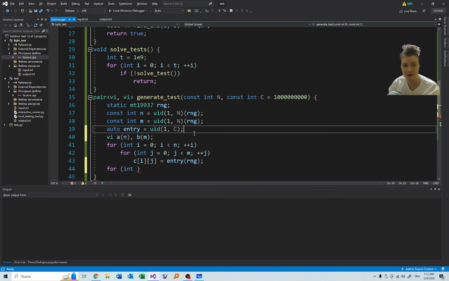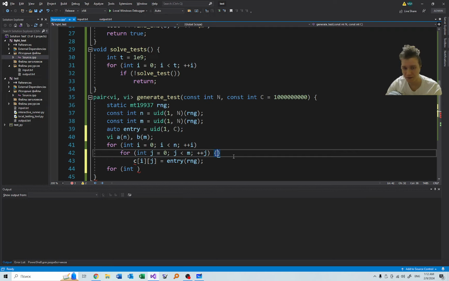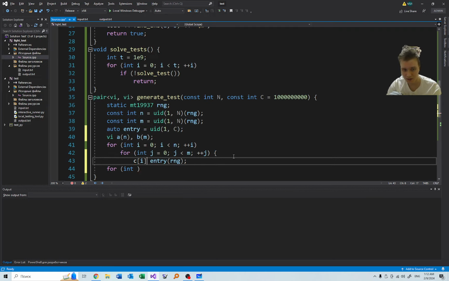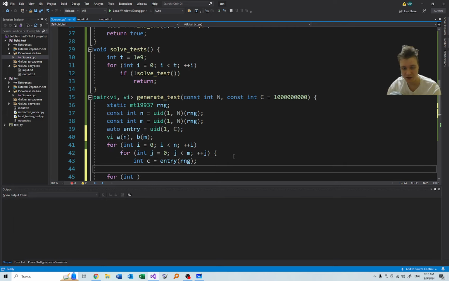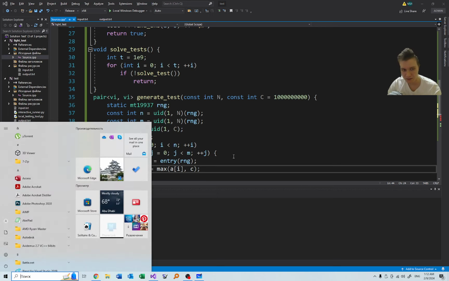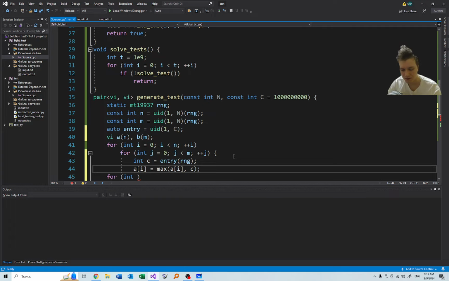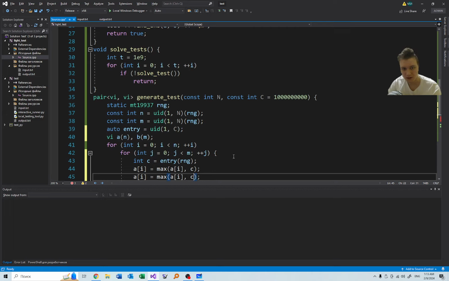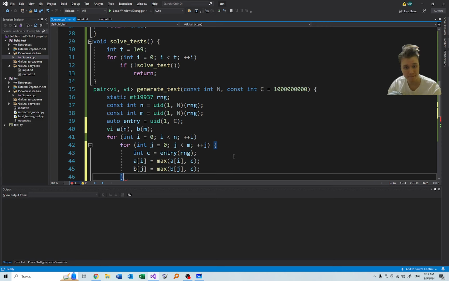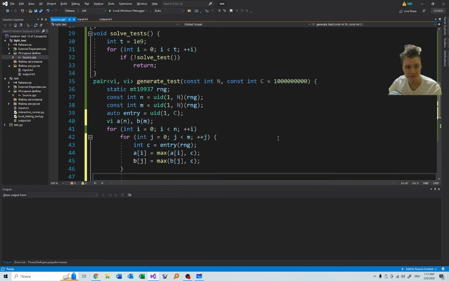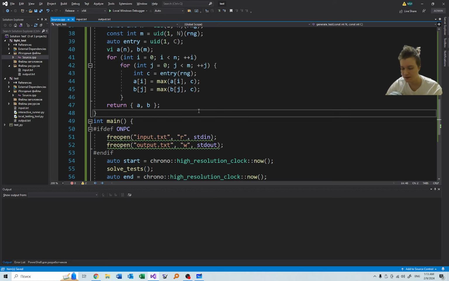So we actually don't need C. Here we can say that we simply have in C equals this entry and Ai equals max of Ai and C. And Bj is equal to the maximum of Bj and C. Finally, we return A and B. So this is generate tests.